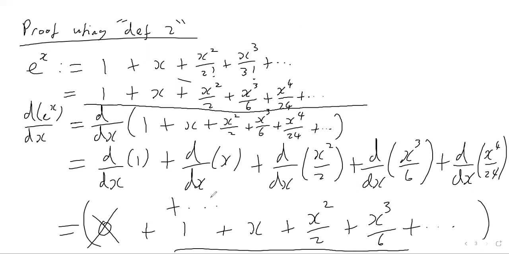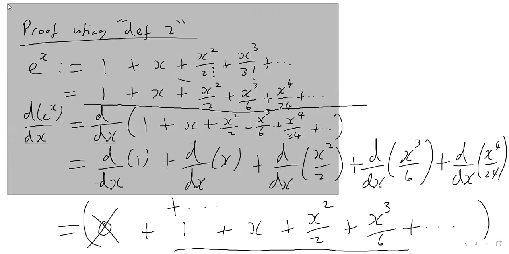And so what we've kind of shown here is that when we differentiate e to the x, we get exactly the same summation as the original e to the x function. And so, again, not really a very formal proof, but I think we can see from this that when we differentiate e to the x, we literally just get e to the x itself.